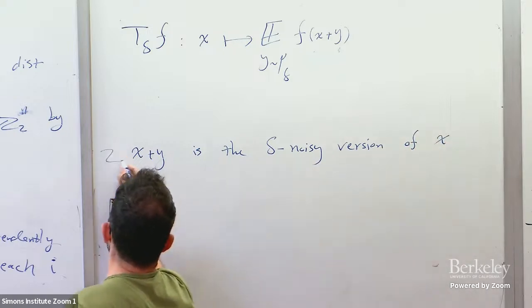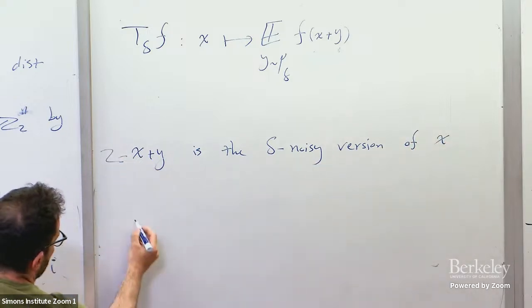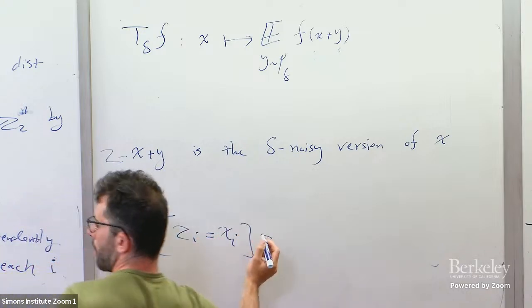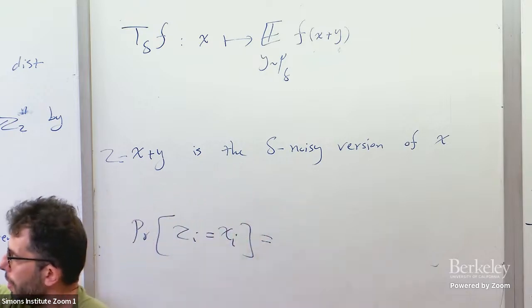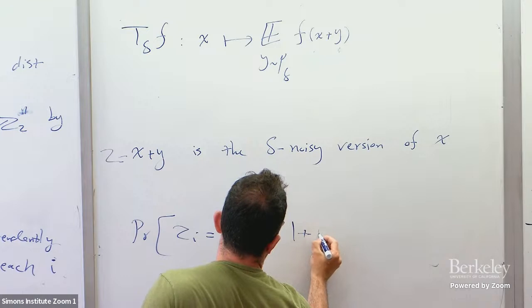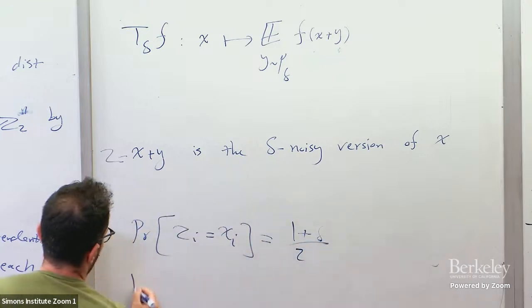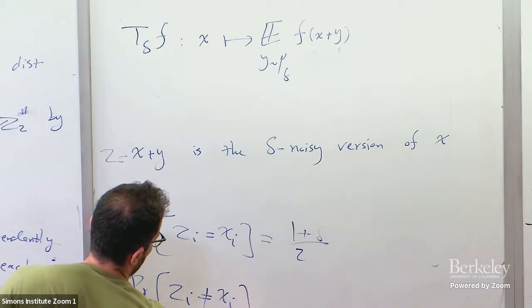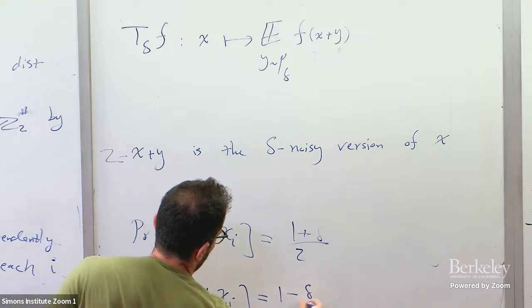So let's call this z. What happens here is that the probability that z_i is the same as x_i is when y_i is selected to be 0. So that's going to be (1 plus delta) over 2. And the probability that this is corrupted, so z_i is different from x_i, is going to be (1 minus delta) over 2, right?